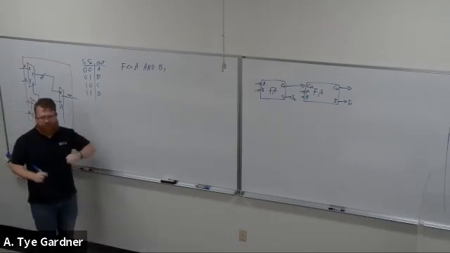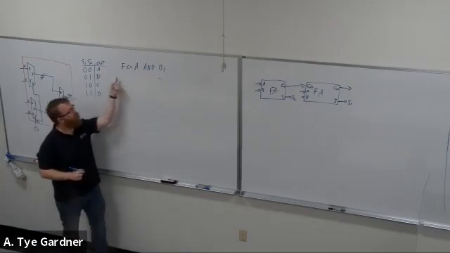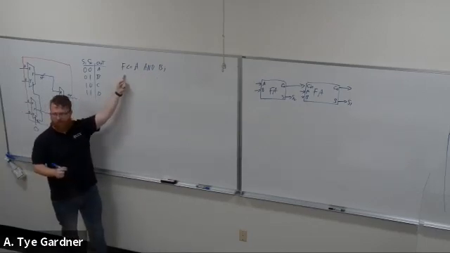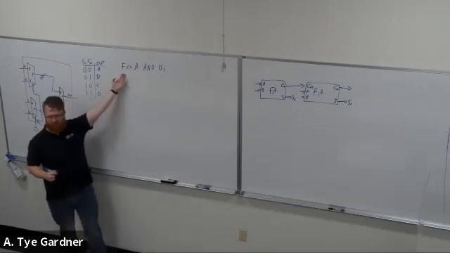This is called an assignment statement because I am assigning A and B into F. This is combinational logic, meaning there is no order to it. Okay, there's no memory to it. It just continuously does this. If A or B changes, F will change as quickly as it is physically capable of changing.